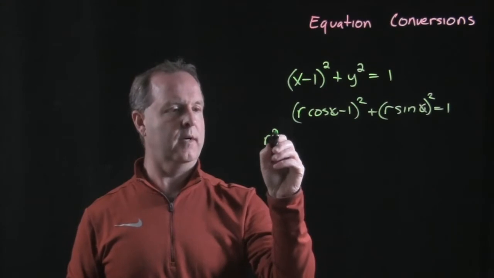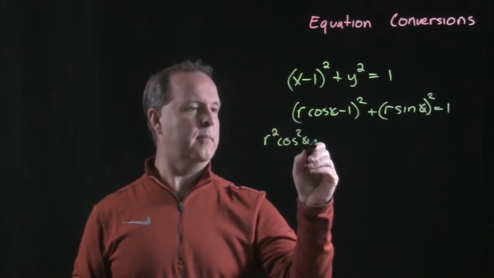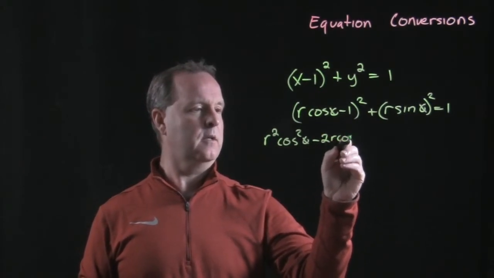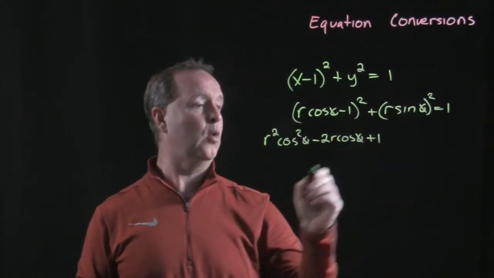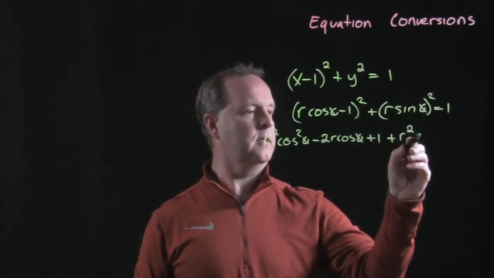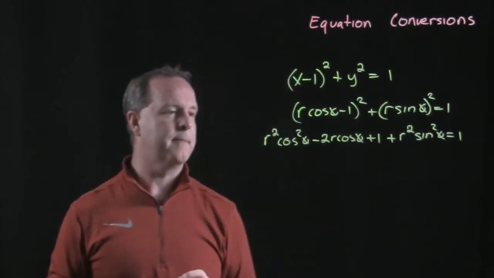So we have r squared cosine squared theta minus 2 times r cosine theta plus 1 plus r squared sine squared theta equals 1.